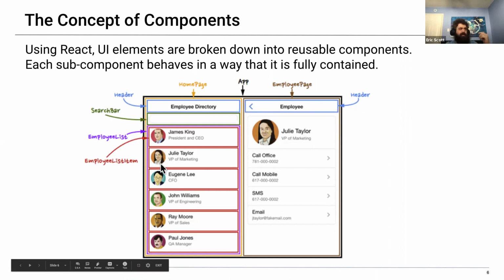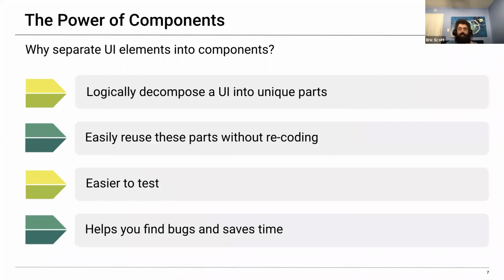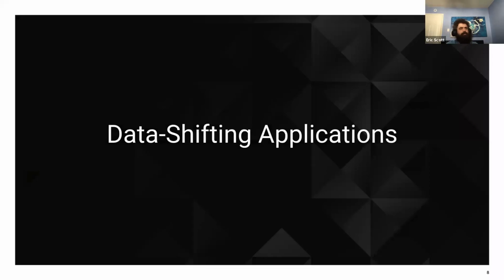And one of my other teammates can be working on the employee list item, for example. So we're working on the same page, but really working on different components in the same page, so we're not going to step on each other's toes. This also makes it easier to reuse these parts, and it's easier to test these pieces in isolation, which can in turn help you find bugs and save time.